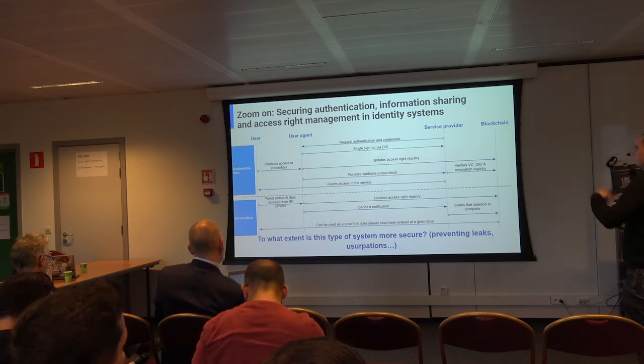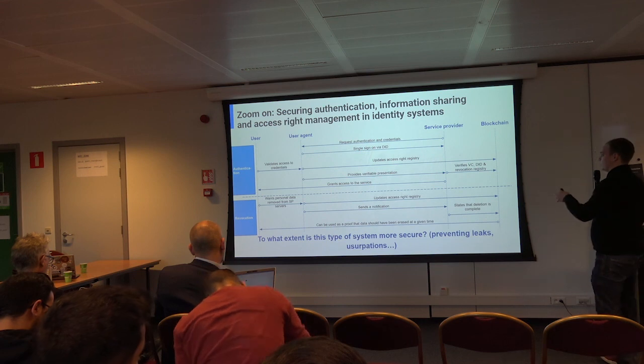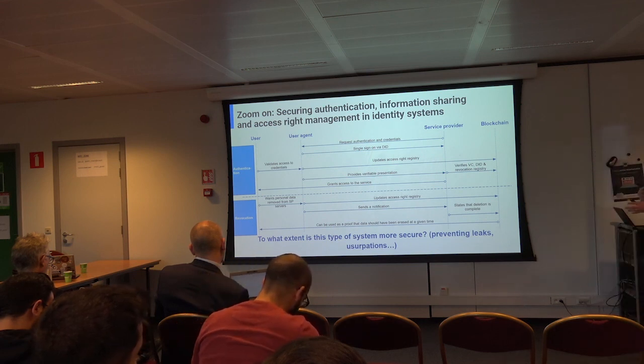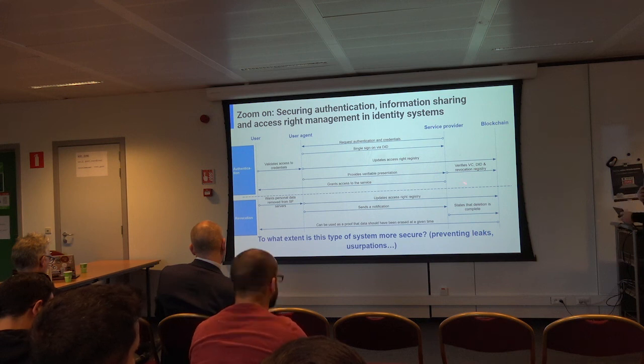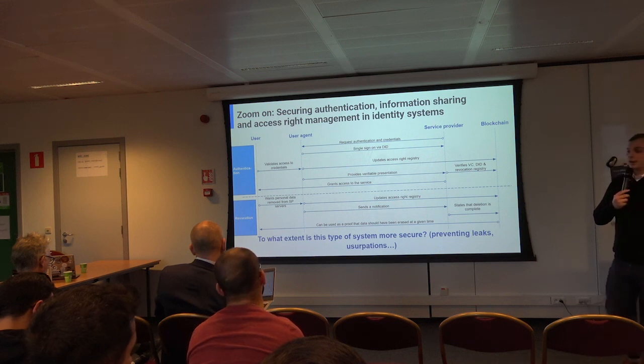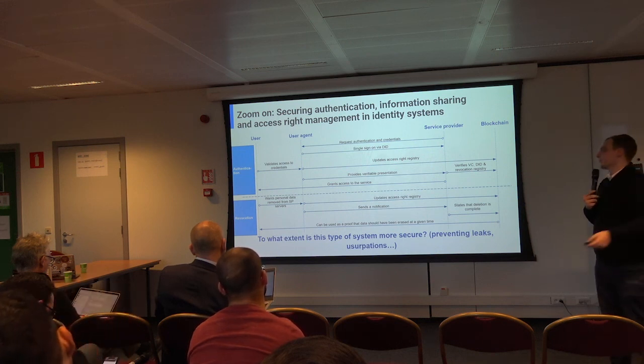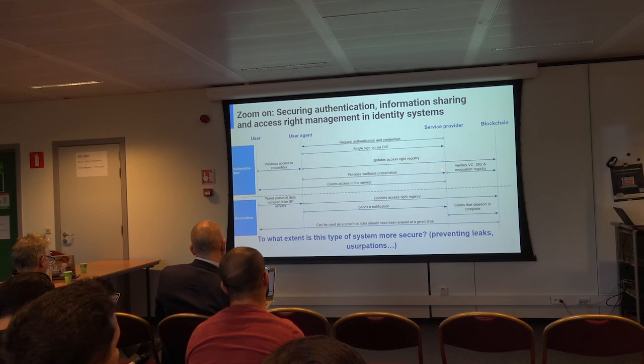For example, if you are interacting with a website that wants to verify your identity, the website will verify that this identity has been provided to you by an authorized third party. So this is basically the system, and once this is done, access is granted.